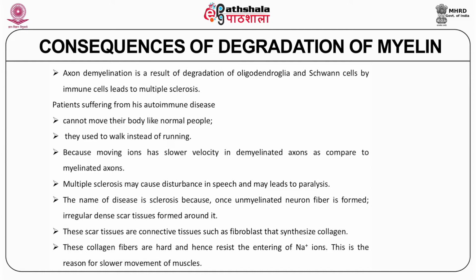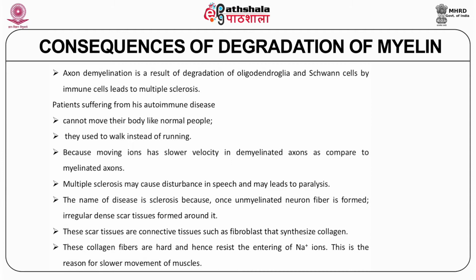Patients suffering from this disease, which is basically an autoimmune disease, cannot move their body like normal people. They walk instead of running because ions move with slower velocity in demyelinated axons as compared to myelinated axons. Multiple sclerosis may cause disturbances in speech and sometimes lead to paralysis.